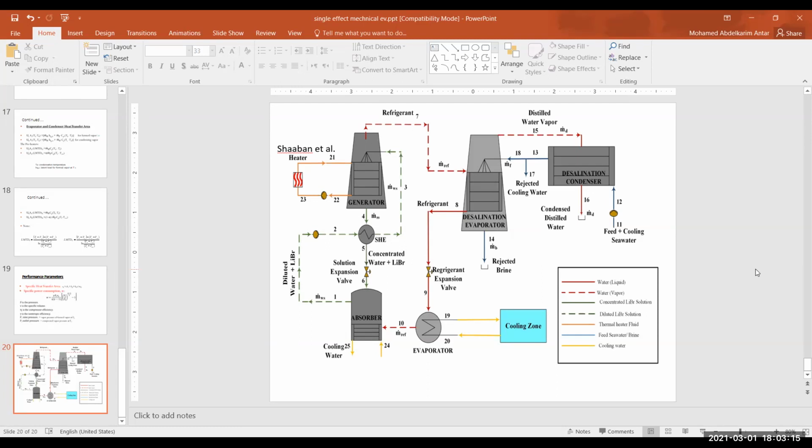The oven is going to generate the vapor. You take the vapor out, and you can put it into a desalination unit like what we're doing here. But the main difference is that in absorption, something is occurring for the whole volume, and this is what we see in front of us here. On the other hand, silica gel as an adsorber is adsorbing the vapor only on the surface.